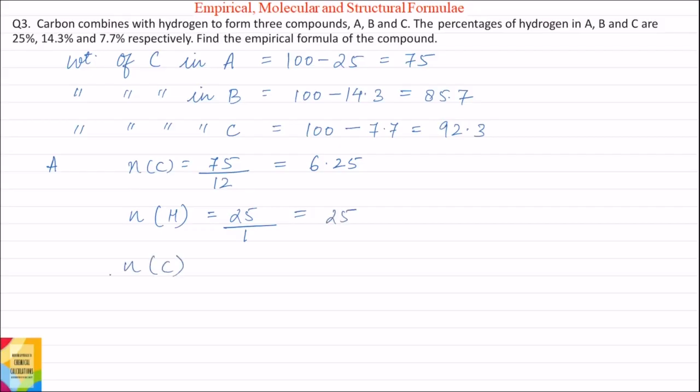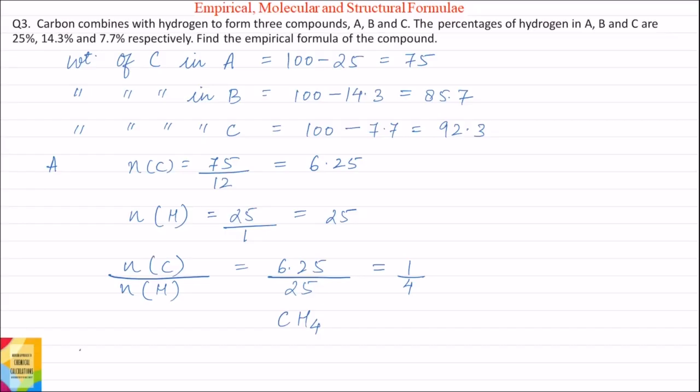Now the ratio of the moles of carbon and moles of hydrogen will be equal to 6.25 divided by 25, which is equal to 1 by 4. So moles of carbon is 1, moles of hydrogen is 4, and the empirical formula of A will be CH4.